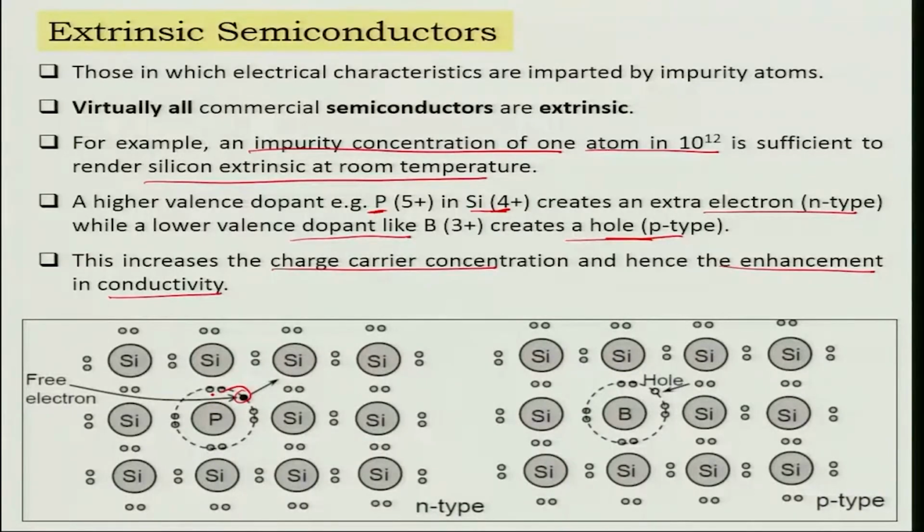On the other hand, if I add something like boron, this is a lower valency dopant, so electrons will travel from silicon towards this site. Thus, when it is giving a free electron, it is n type, and when it is contributing to the making of holes, it is p type. So, this is the extrinsic semiconduction system.